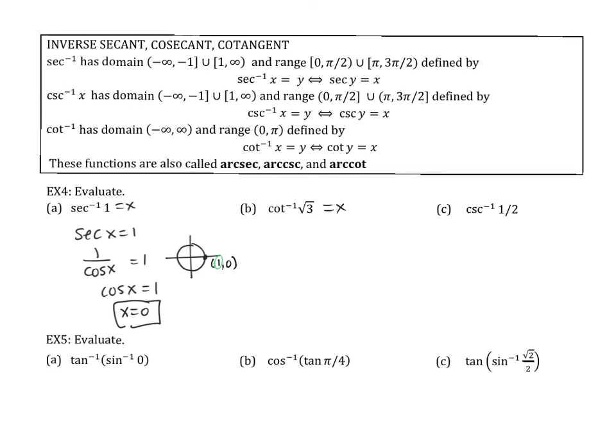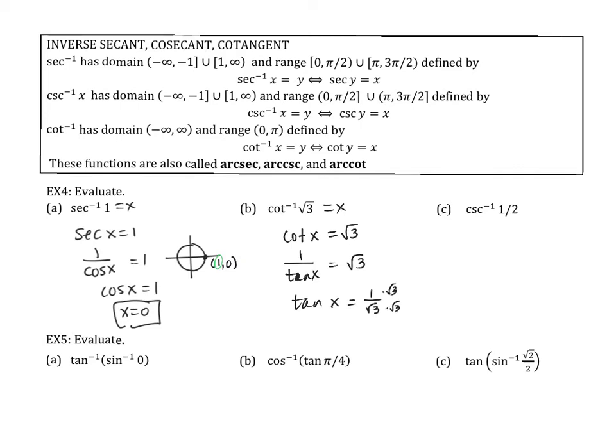So defining what the inverse means, that means that cotangent of some x is equal to square root of 3. And then we use the fact that cotangent is a reciprocal function. Now that would allow us to figure out what tangent is. That would be the reciprocal, 1 over root 3.